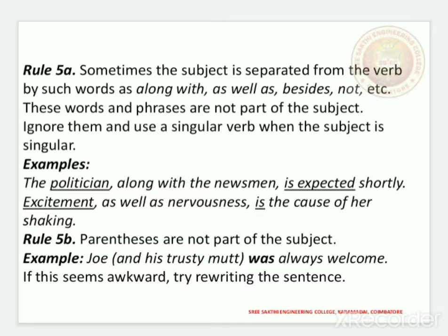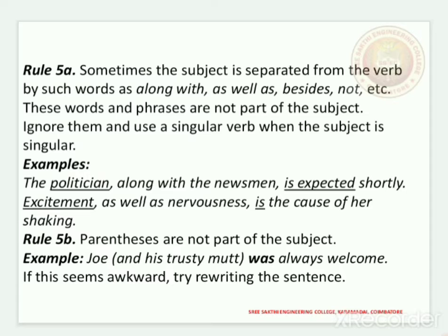Rule number 5a. Sometimes the subject is separated from the verb by such words as along with, as well as, besides, not, etc. These words and phrases are not part of the subject.